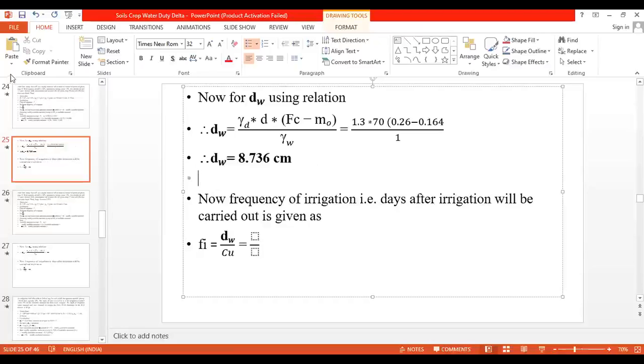Now the next part is to calculate after how many days you will go for irrigation.